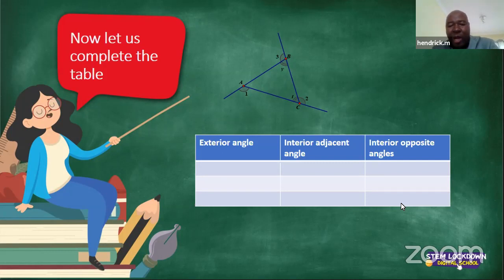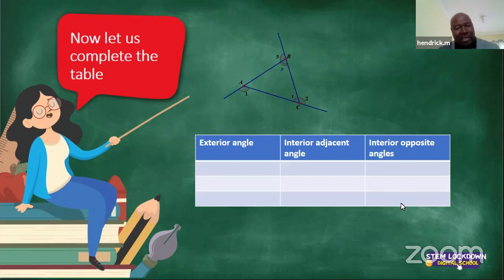In the second, I want you to mention the interior adjacent angle. So if you mention an exterior angle, you need to mention the corresponding interior adjacent angle. Thereafter, I want you to give me the interior opposite angles of the exterior angle that you have mentioned.